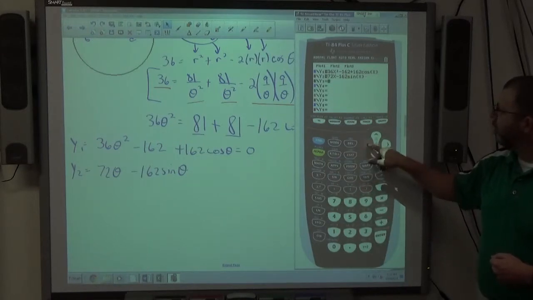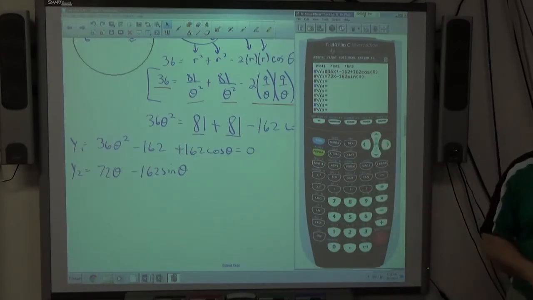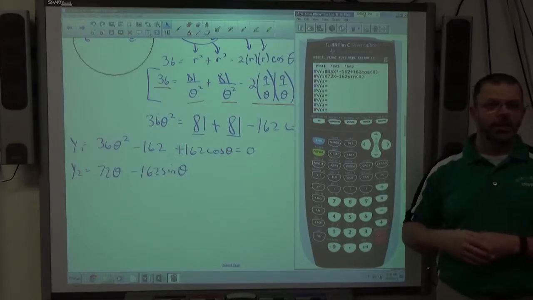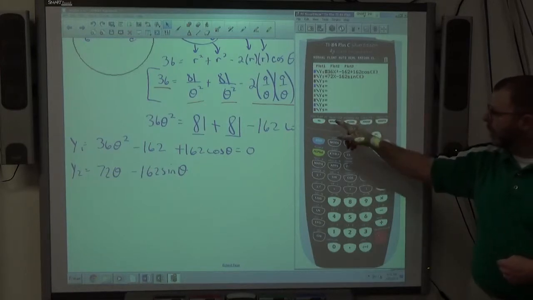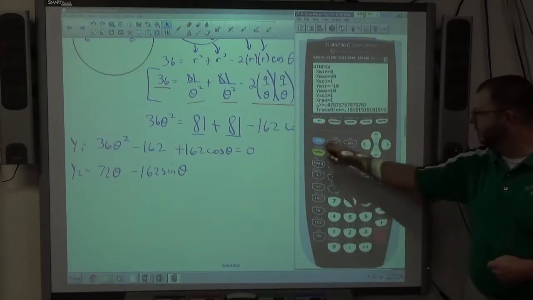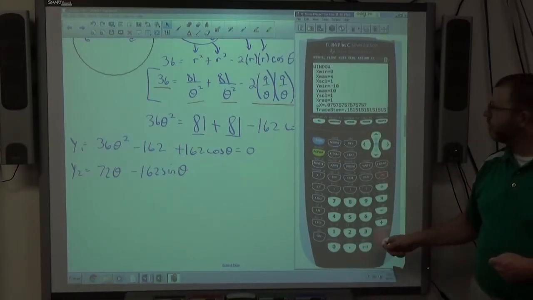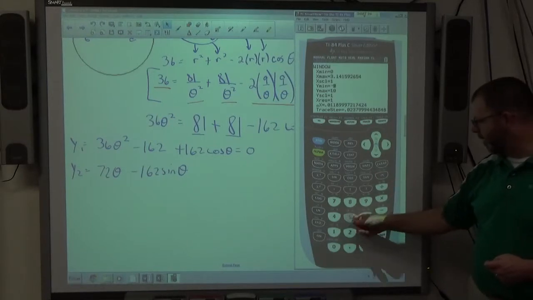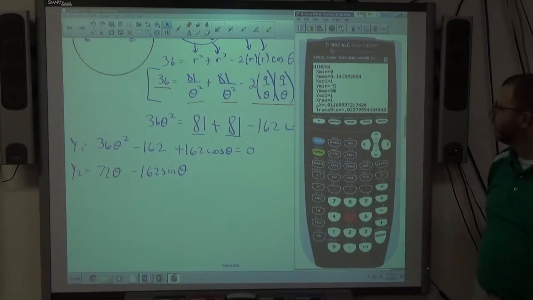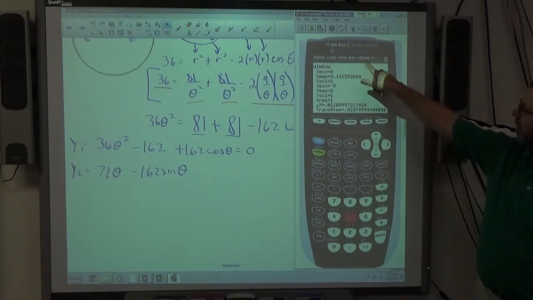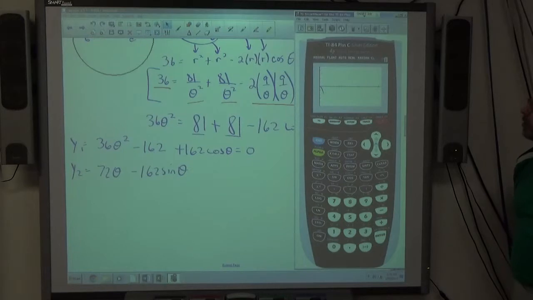I'm going to turn off function 2, because all I care about when I'm trying to find guesses is things that make this true. And again, my window, I'm going to go from 0 to pi, and I might even go from -5 to 5. It doesn't really matter, just as long as 0 is visible on your screen. And notice I am in radians. Make sure you're in radians when you're doing this.